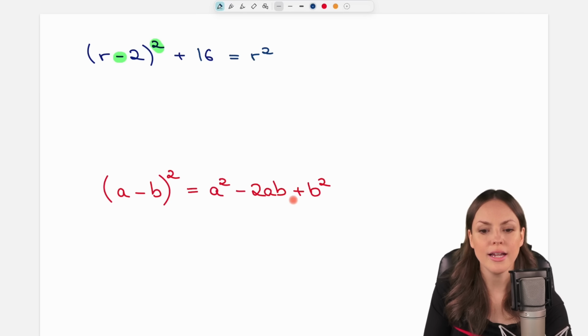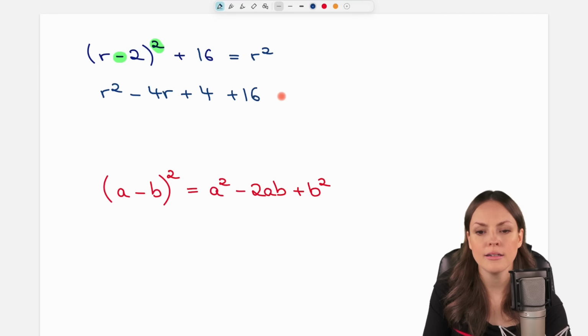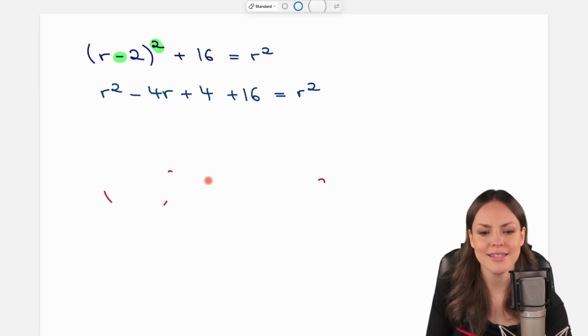So let's apply this formula here now. We take the first thing and square it. So r squared minus 2ab. So 2 times r times 2 equals 4r plus the second part squared. So 2 squared equals 4. Then we have the 16 here, and the r squared is still on the other side.